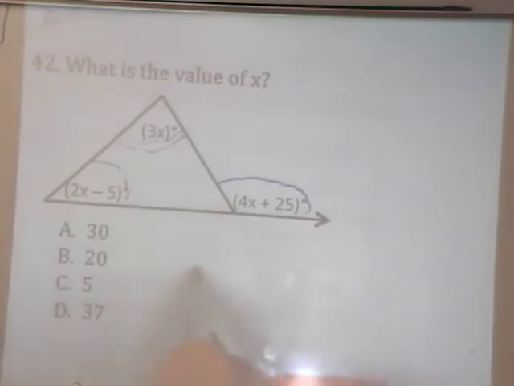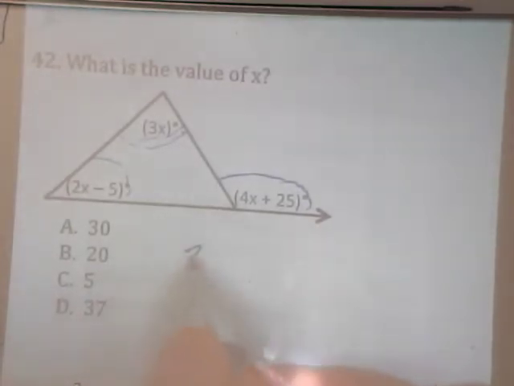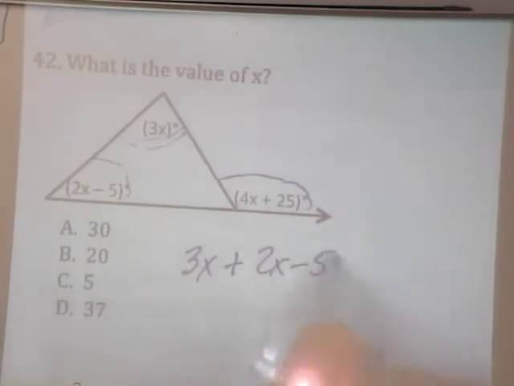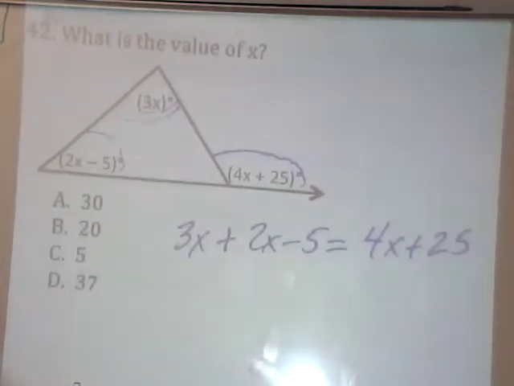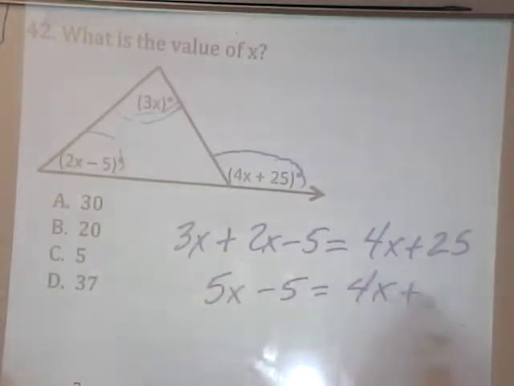So if we add up the two opposite interior angles, 3x plus 2x minus 5 is equal to 4x plus 25. So I can combine some like terms. I've got 5x minus 5 equals 4x plus 25.